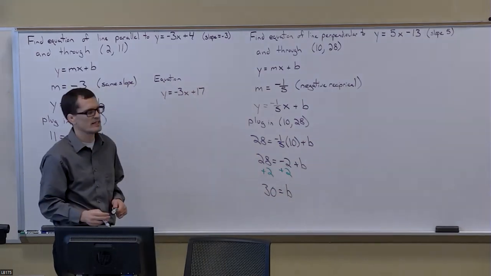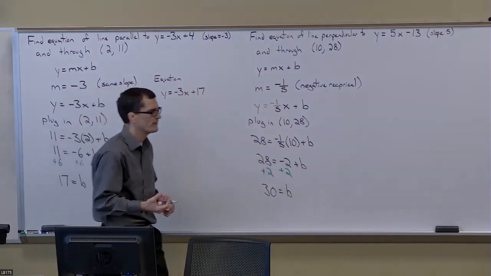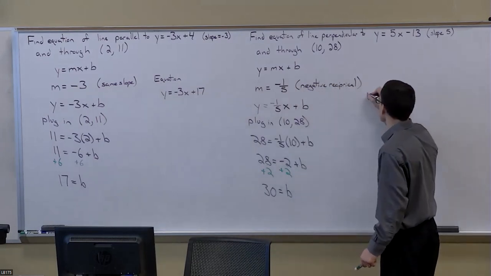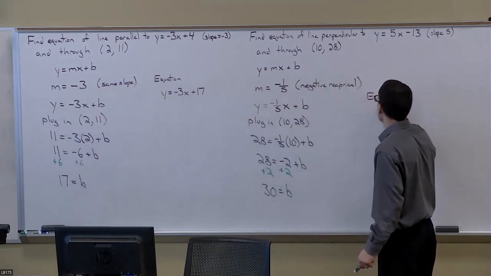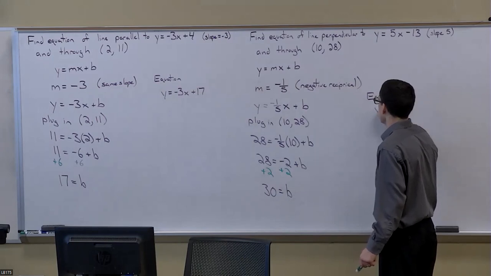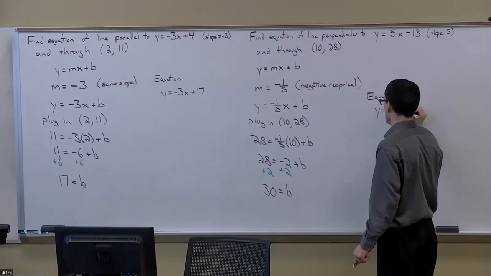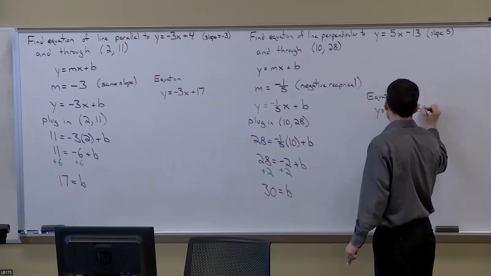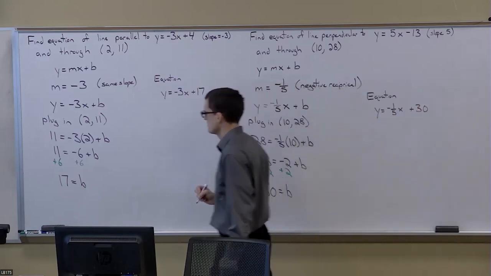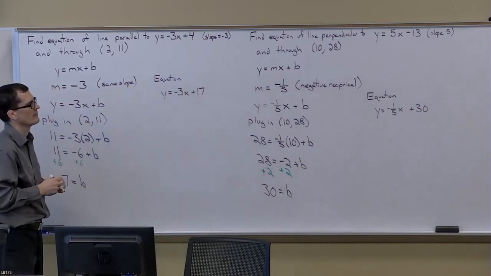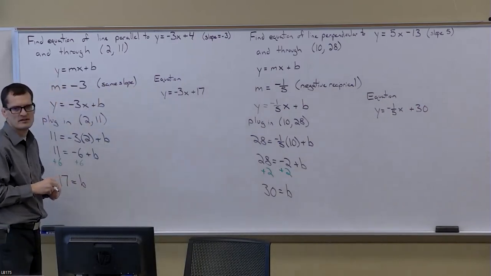So my y-intercept would be (0, 30). But the equation that I'm looking for would be y equals negative 1/5 x plus 30. Any questions about that?